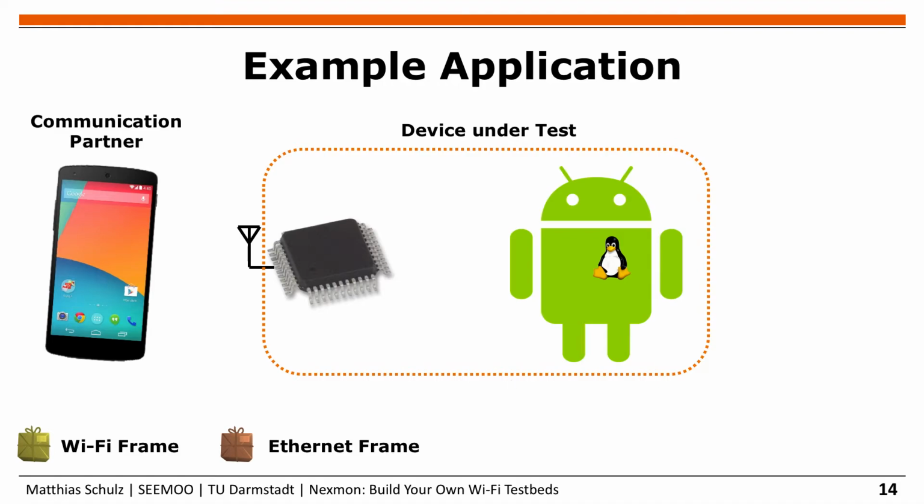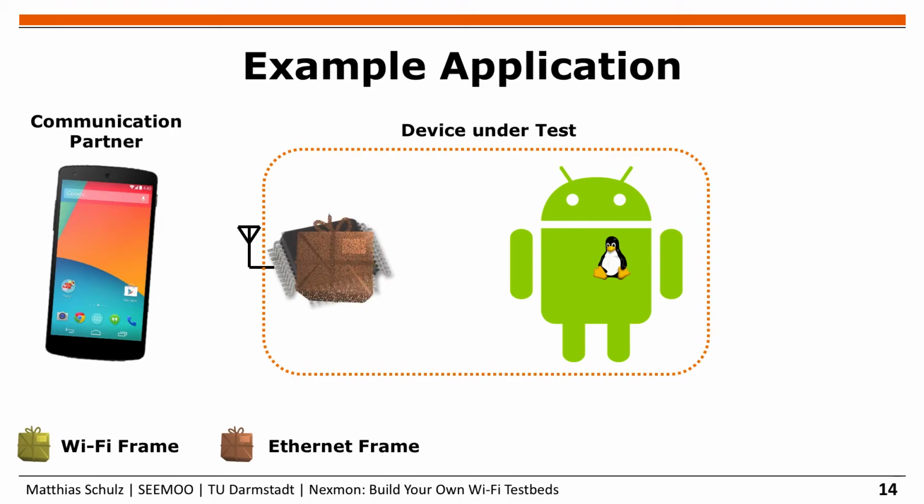So let me continue with an example application. I was thinking about something easy that I can implement for this paper to show you the benefits of implementing stuff in the firmware instead of running it in the Linux kernel on your smartphone. I was thinking about a scenario with two devices: a device under test and a communication partner. The communication partner simply generates frames and sends them to the device under test.